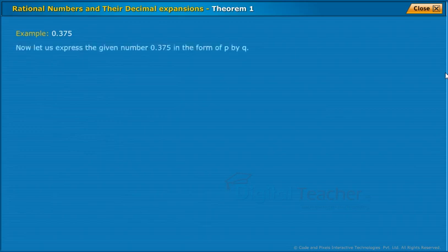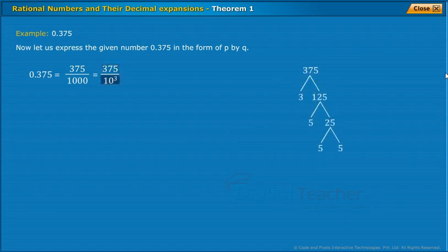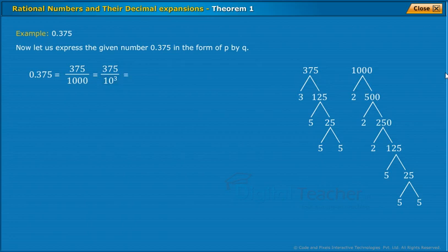Now, let us express the given number 0.375 in the form of p by q. Here, 0.375 is expressed as 375 by 1000, that is equal to 375 by 10 cube.